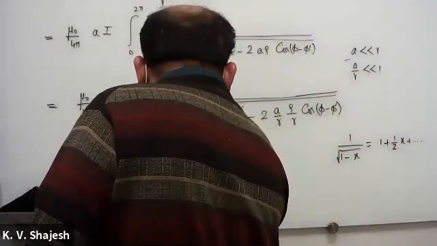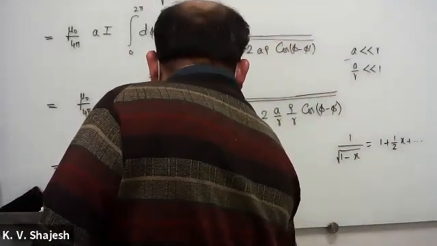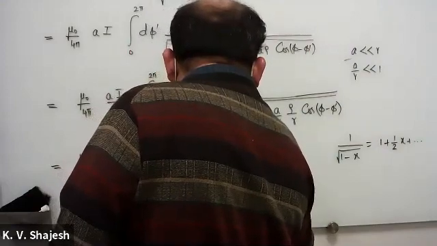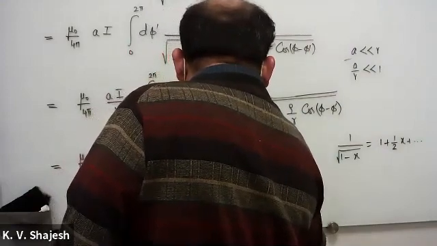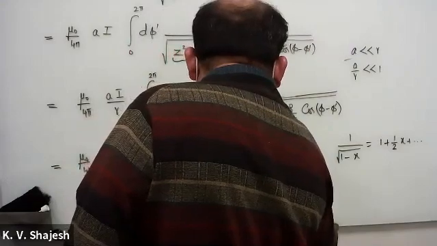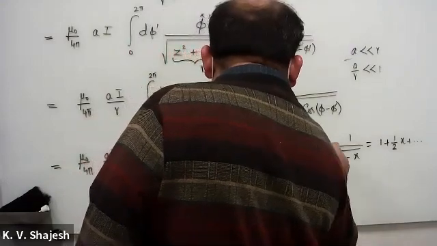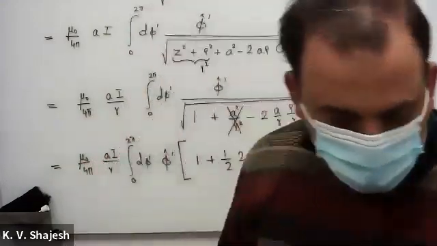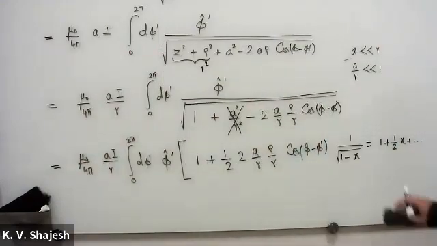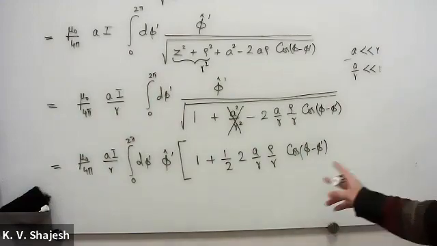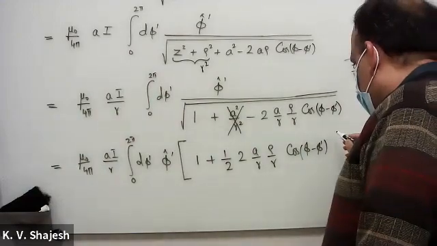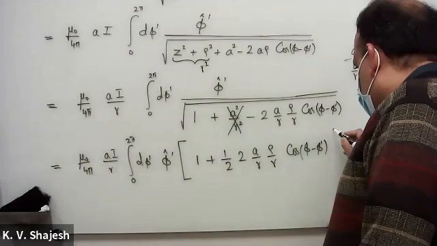So that's plus half times 2 times a over r times rho over r times cosine of phi minus phi prime. There are of course higher terms, but we are not keeping them. That's the far field approximation. The far field approximation involves that you keep only this term.